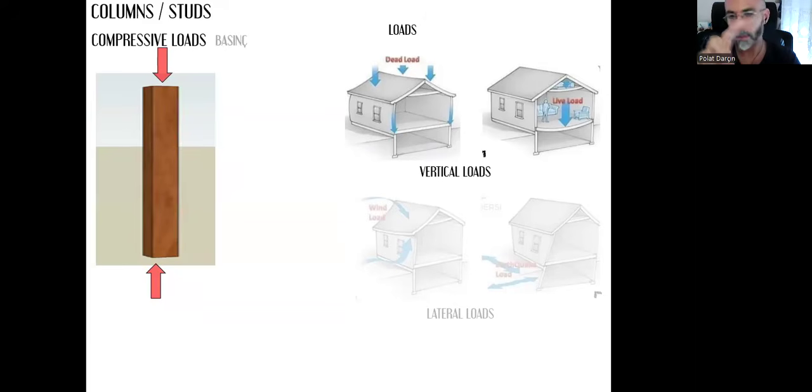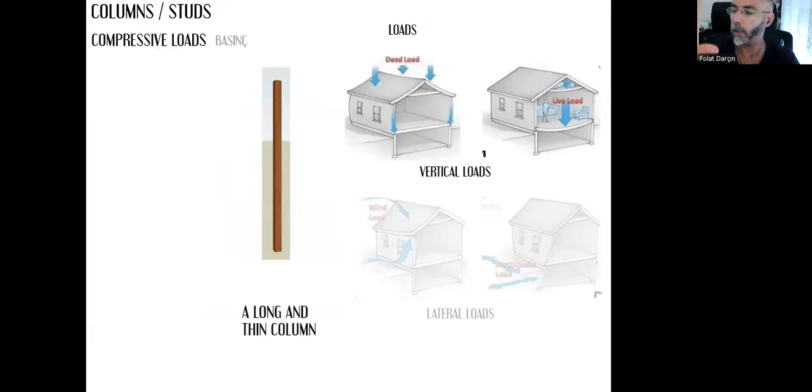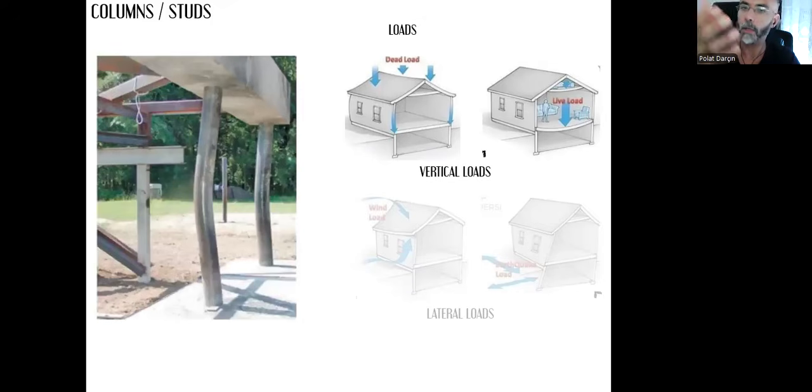What happens if, instead of a short and thick column, we have a long and thin column? Again, if we exceed the limit of the compression stress, it will deform, but in a different way. This time it will have this type of deformation.